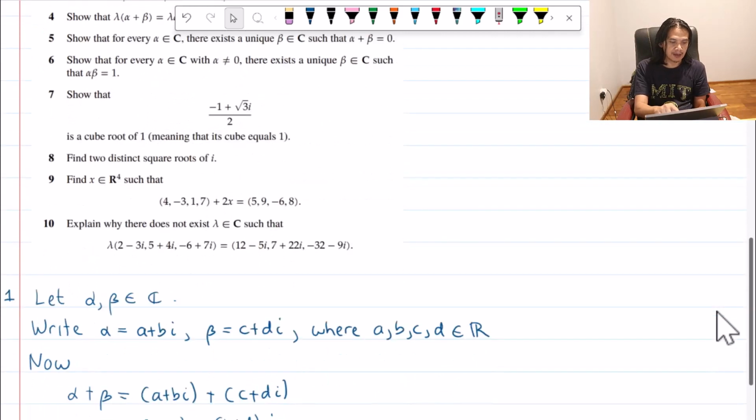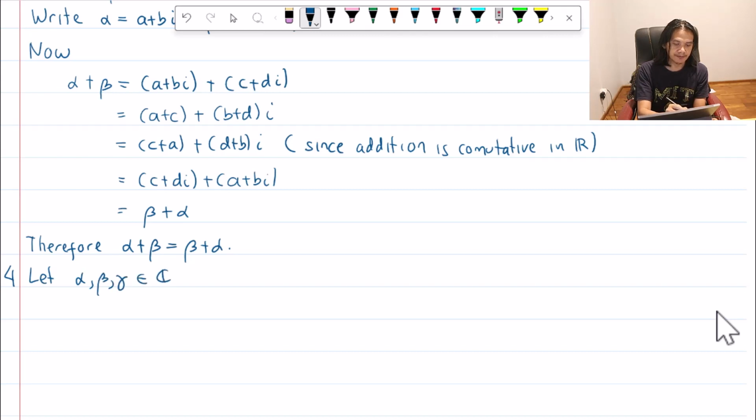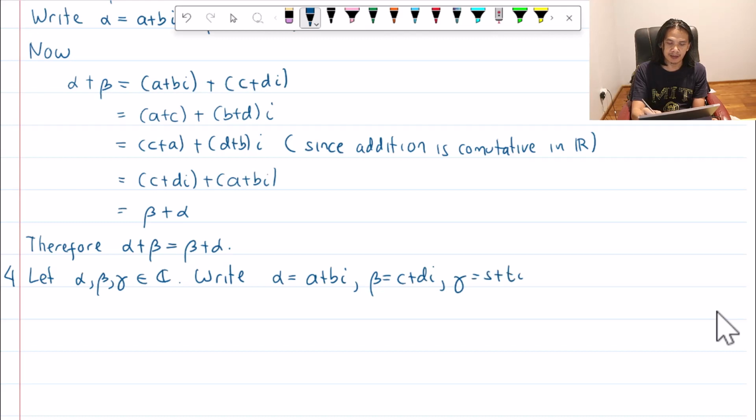Okay, so let alpha, beta, and gamma be complex numbers. Write alpha as a plus bi, beta as c plus di, and gamma as s plus ti.